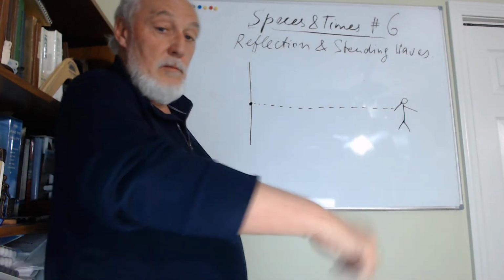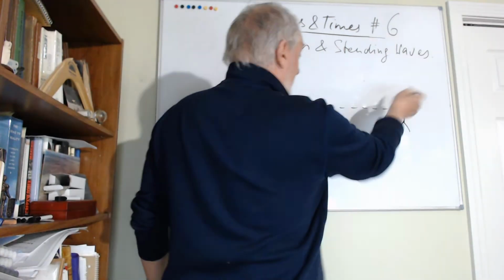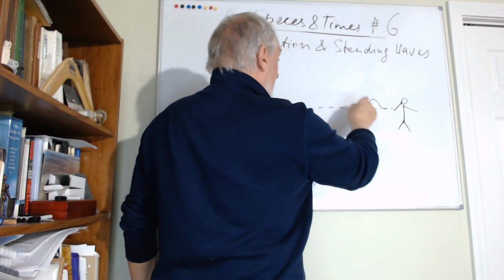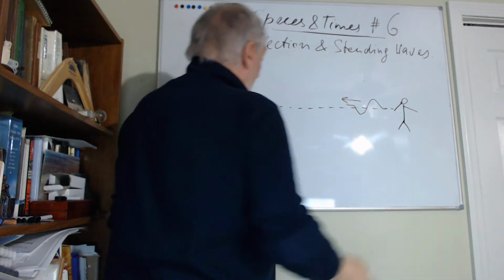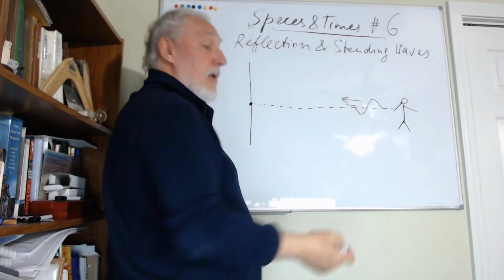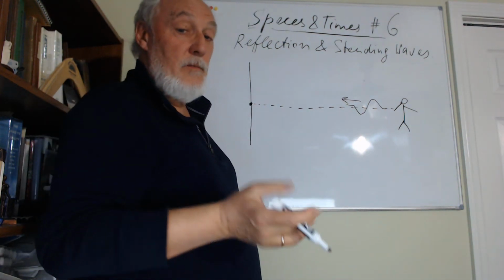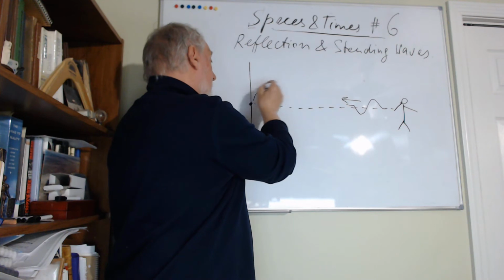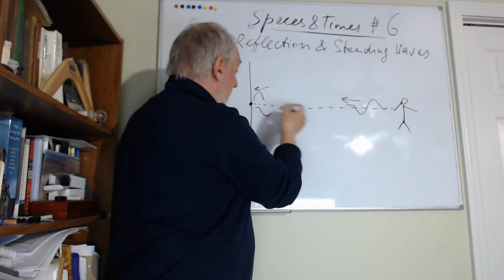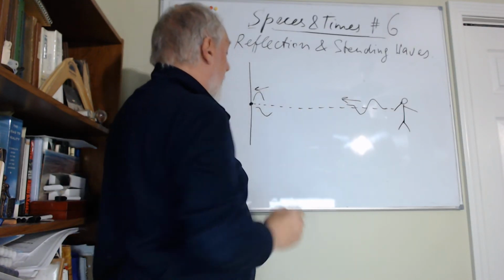What will you see? We'll see the wave going along the rope, and if you put your attention on it, you will see that the wave comes here, and then it goes back. It reflects from this point.